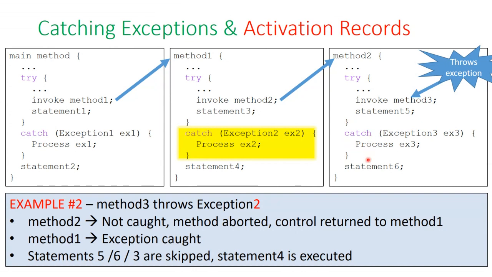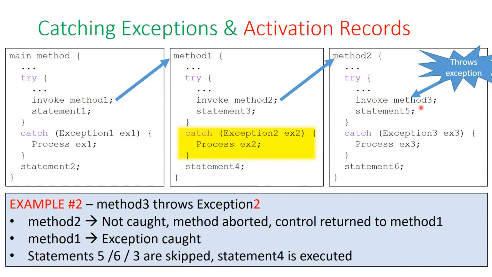But now I'm going to skip through all the catch blocks that do not match, and I'm going to skip statement 6, because the moment I reach the end of the try-catch block and I was not able to handle the exception, I was not able to find a catch block that matches it, then at that moment, method 2 raised the same exception, exception 2.